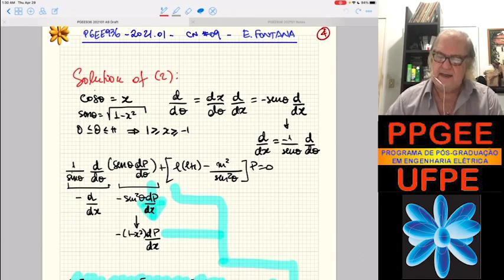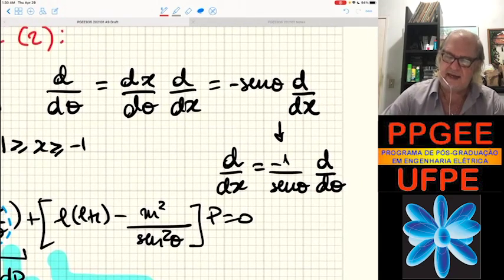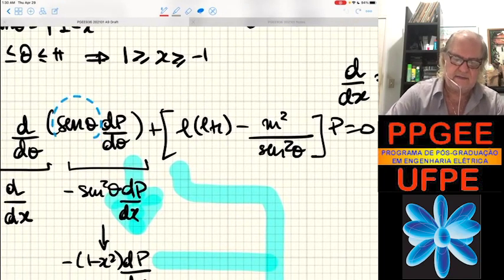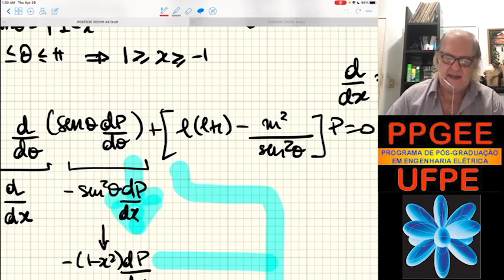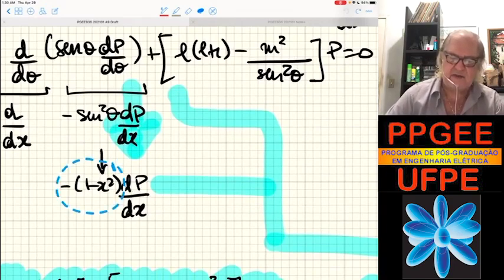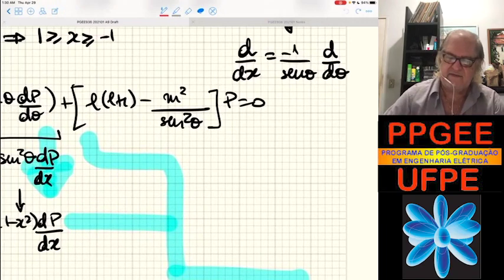And also here, d/d theta equals sine theta d/dx, so that's going to become sine squared. Sine times sine squared, and the d/dx, and sine squared is 1 minus x squared.